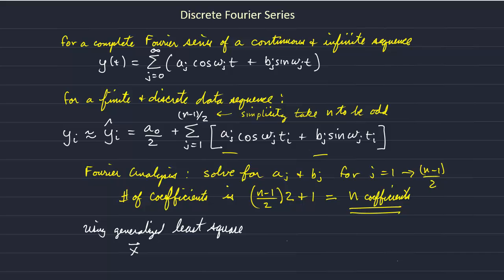We could define our vector of coefficients as A0, A1, all the way up to A n minus 1 over 2, and B1, B2, all the way up to B n minus 1 over 2.